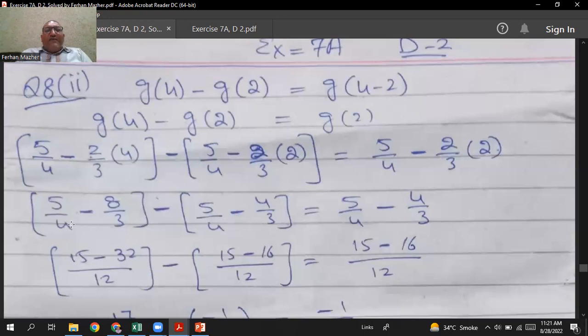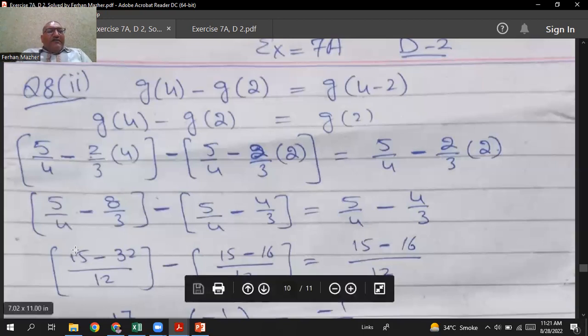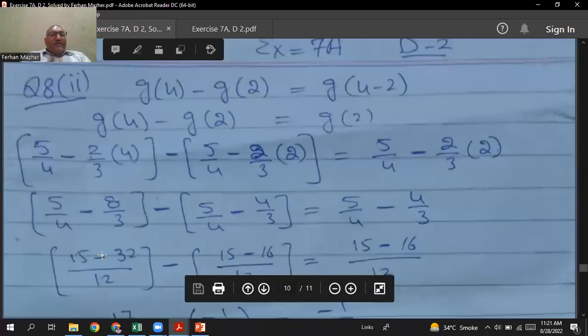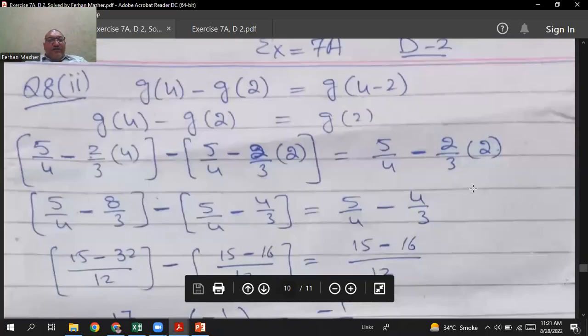So here when I take the LCM, it will be 12.